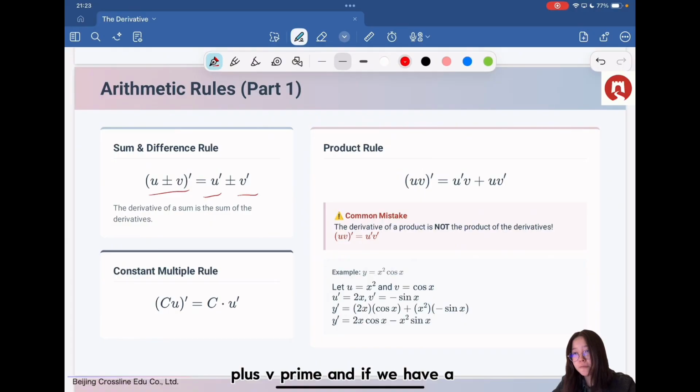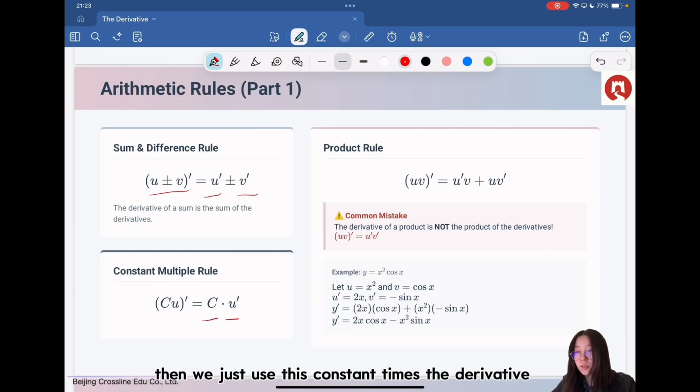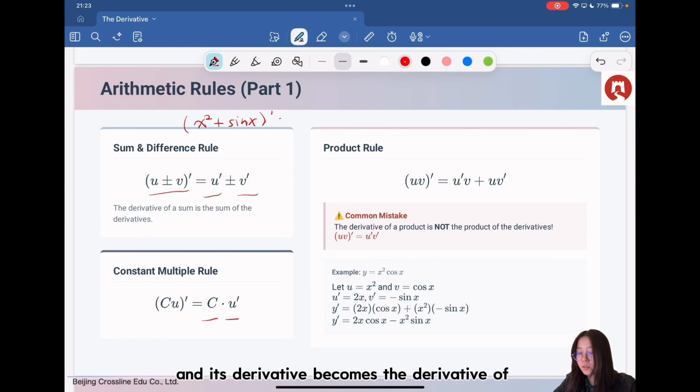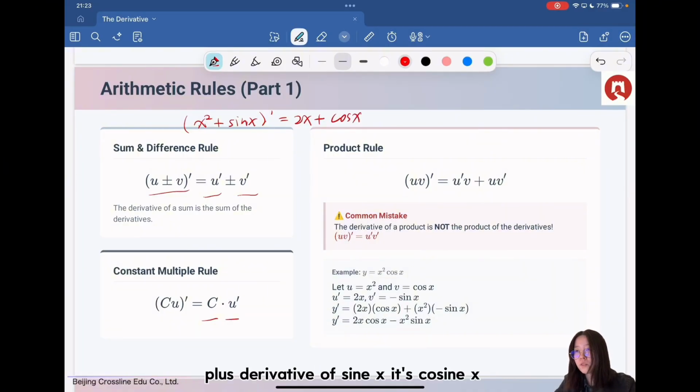And if we have a constant times the function, then we just use this constant times the derivative of this function, okay? So for example, we have x squared plus sine x, and its derivative becomes the derivative of x squared, 2x, plus the derivative of sine x, cosine x.